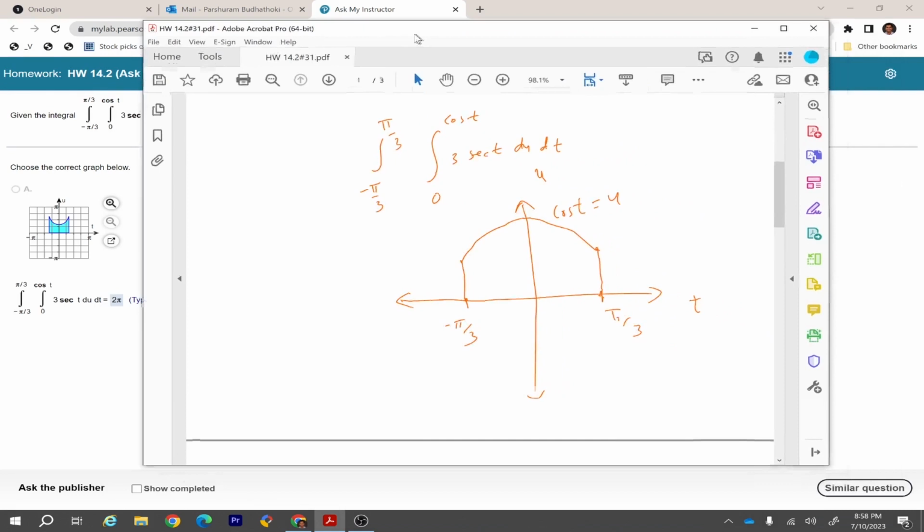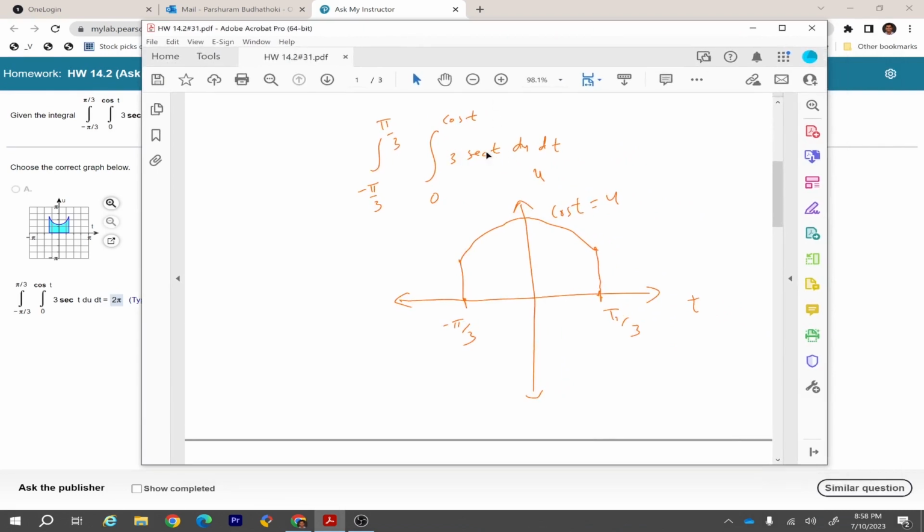When you try to calculate, first of all we have to find the integration with respect to u, but this is a function of t, so we can keep this function outside of the first integration. The integration from negative pi over 3 to positive pi over 3 is for t, so I can keep this 3 secant t outside the first integration, because the first integration is with respect to u, and secant t is not a function of u.